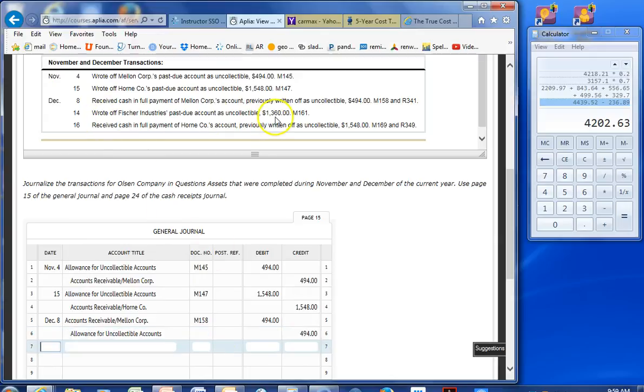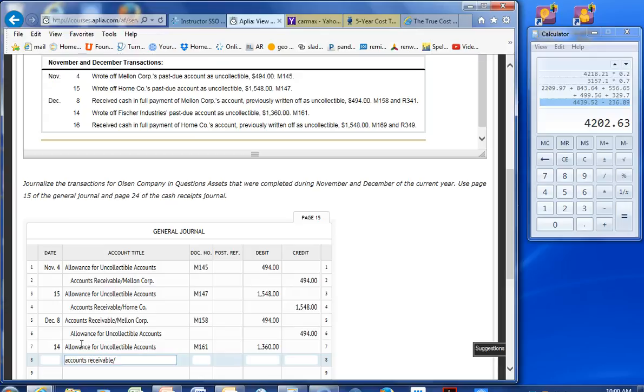Wrote off Fisher Industries past due accounts as uncollectible. December 14th, allowance for uncollectible accounts. That is memorandum 161. 1360. Accounts receivable / Fisher. Oh goodness.